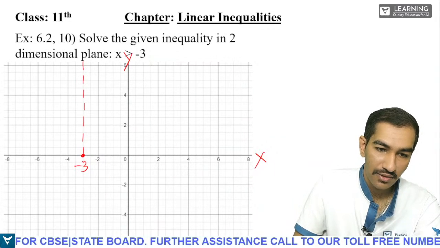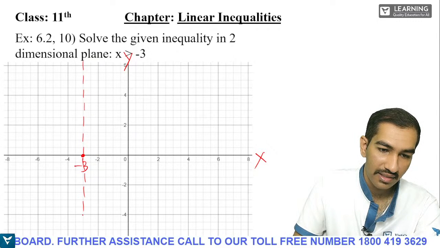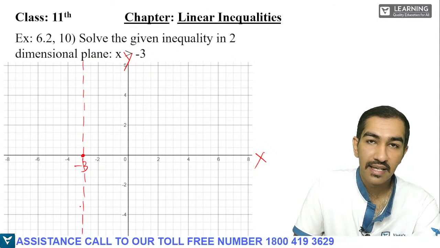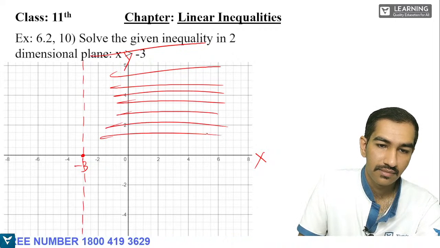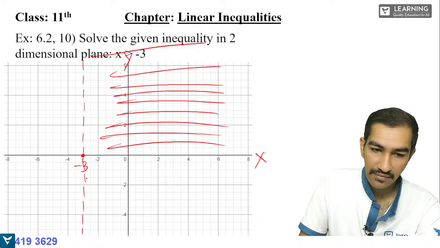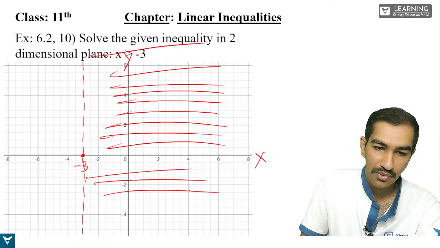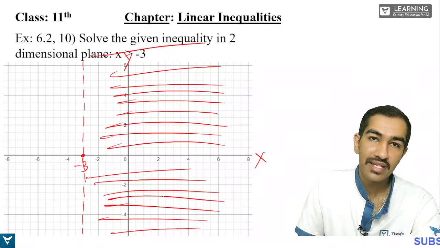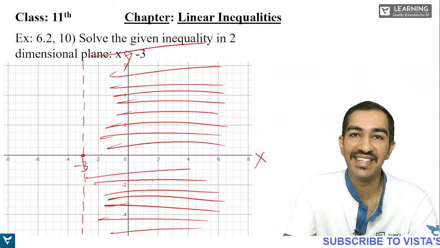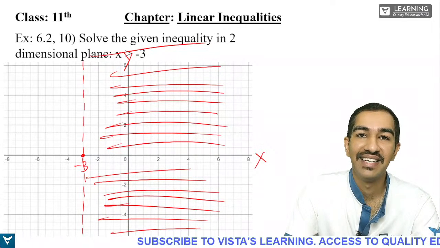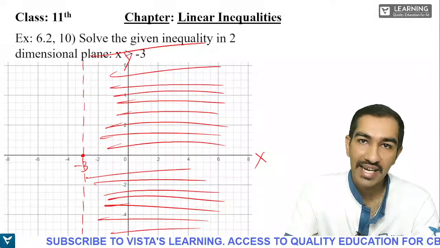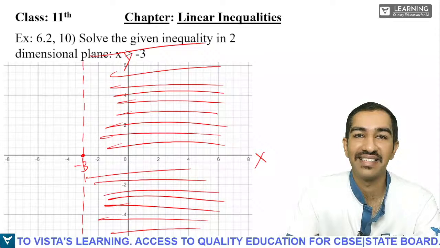Dotted line. Here also we'll draw the dotted line. X is greater than -3. So this will be the shaded portion. So right after this line, from this point only, this is the shaded portion. Okay. So this is the graphical solution of the given linear inequality.